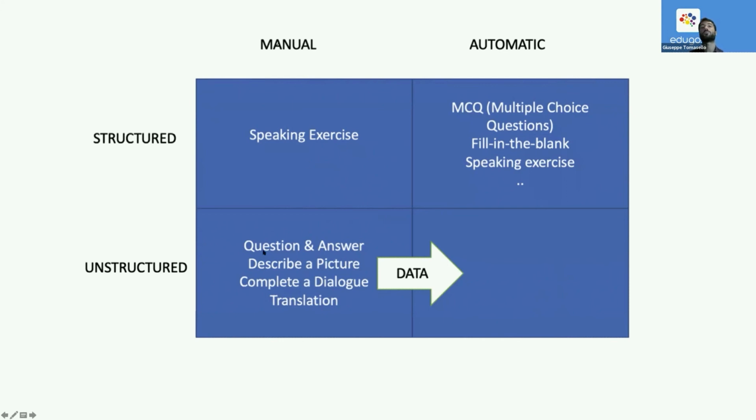So it means, okay, if I'm doing a describe-a-picture exercise, I still need that teacher giving me feedback on my production. What we are building, and what we think is going to be the future, is by using data and those statistical AI models, we're going to move those unstructured exercises into the automatic side.